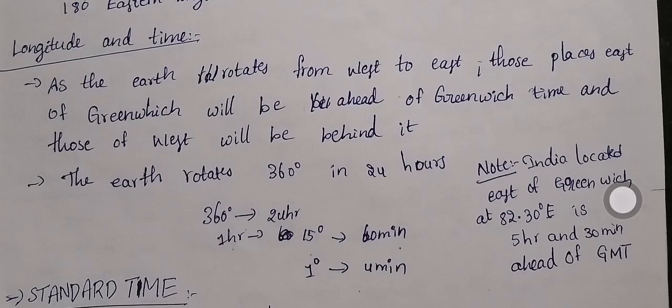Here, India is located east of Greenwich. That means India is ahead in time when compared with Greenwich time. Indian standard time is based on 82.5 degrees eastern longitude, which is 5.5 hours ahead of Greenwich meridian time.